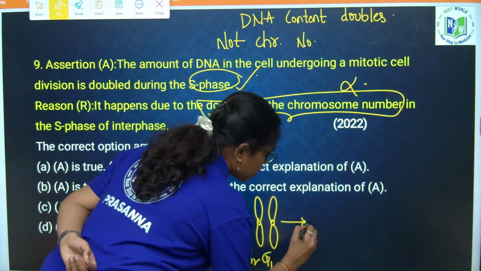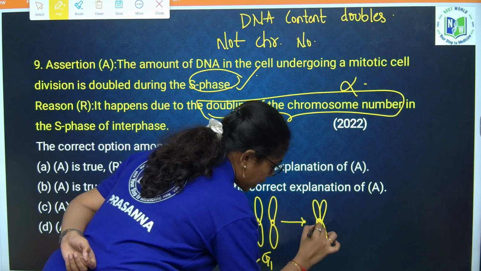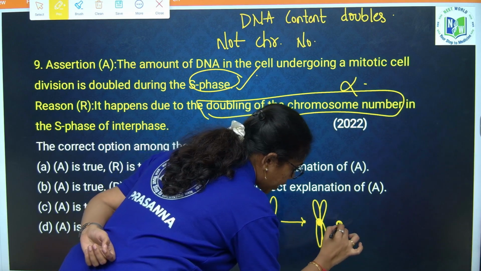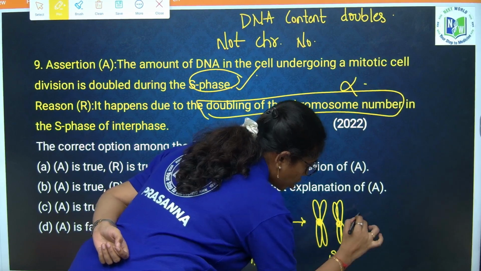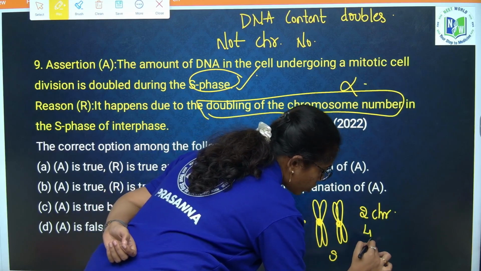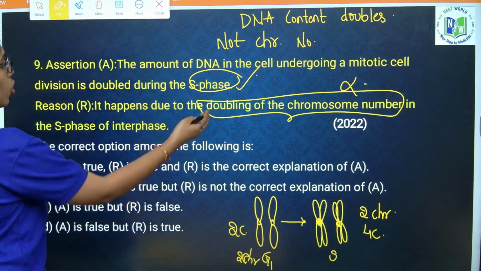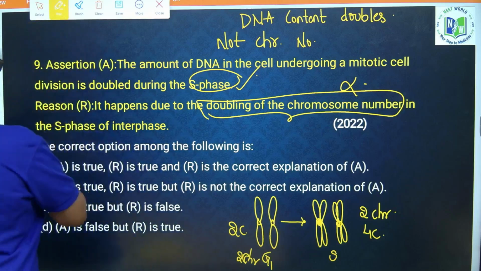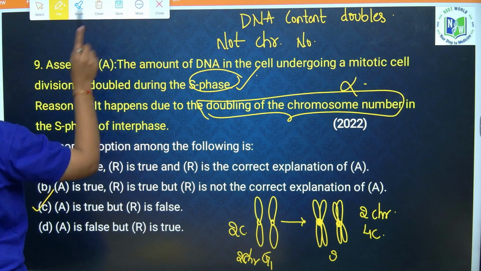After DNA duplication, in S phase you will still see 2 chromosomes, but the DNA content is 4C. DNA content is what, beta? 4C. So chromosomal doubling doesn't take place. The reason is false. When A is true and R is false, our option is C. Clear? Next question.